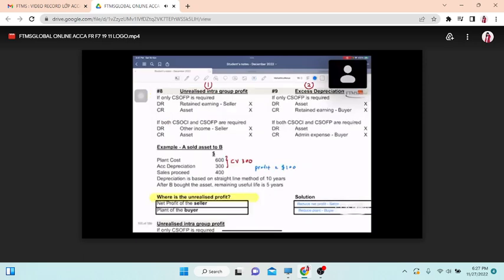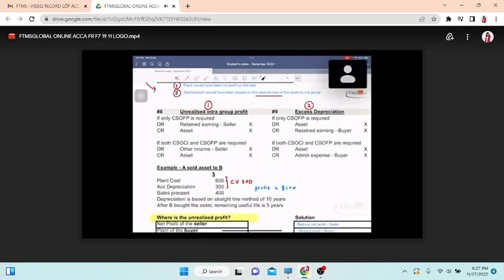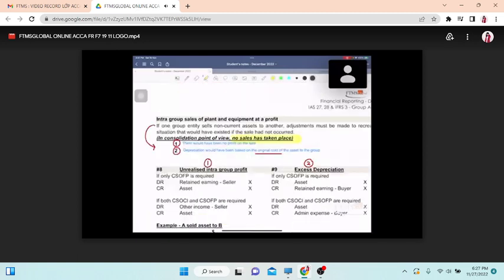Before we talk about this part, remember, depreciation should be based on the original cost, because from the consolidation point of view, no sales has taken place. I should use back the original cost and all the original useful life. No sales has taken place is the keyword.